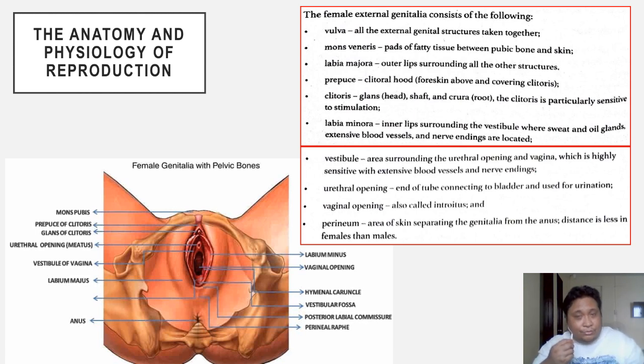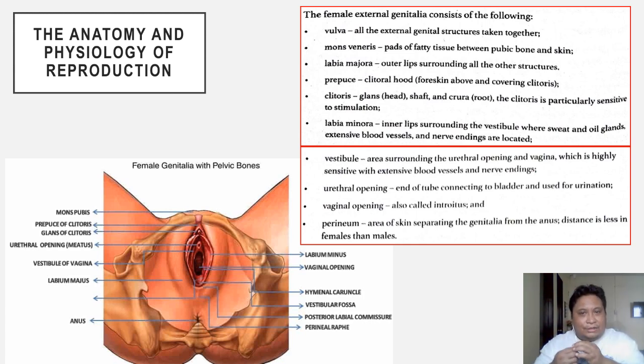If she's going to have labor and bear a child, the pelvic bones are shaped in a round so as to allow the baby to come out from the vagina.